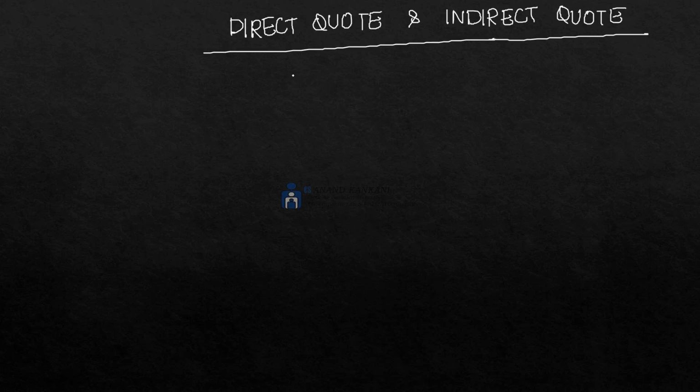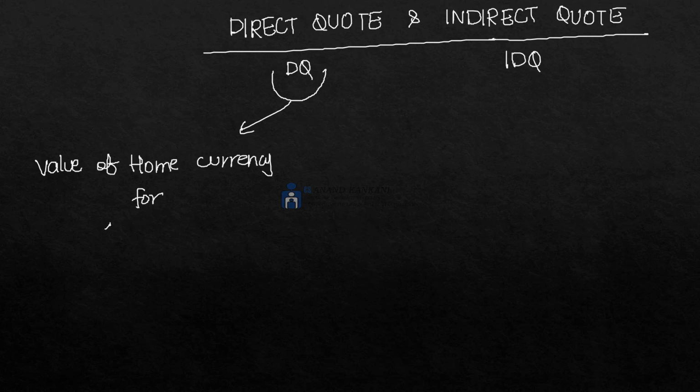Now let's understand the concept of direct quote and indirect quote. Let's represent direct quote with DQ and indirect quote with IDQ. So direct quote means the value of home currency for 1 unit of foreign currency. And the indirect quote is going to be right opposite of the direct quote.